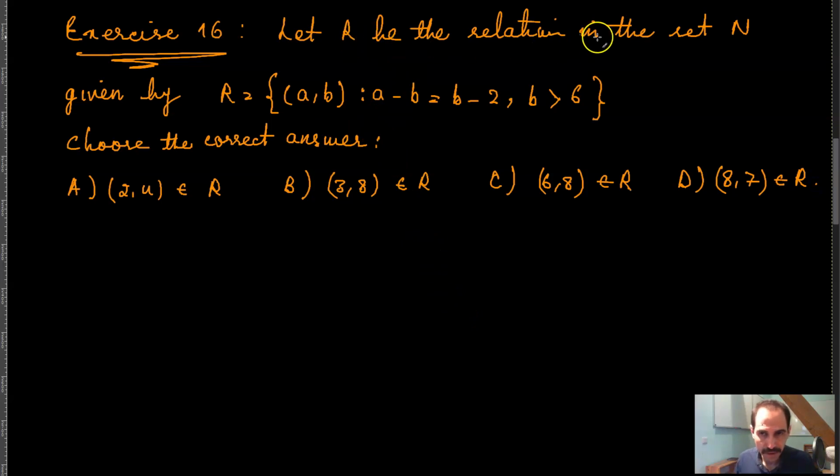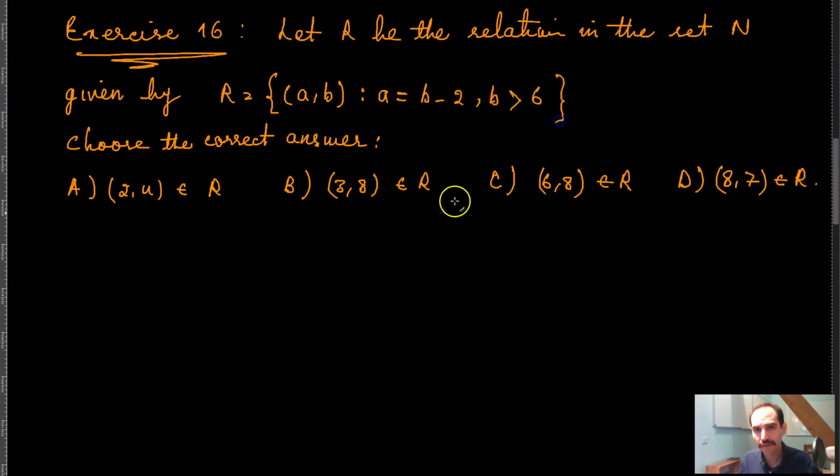So basically we have this relation on the set N of natural numbers, and the relation is this one. R is equal to all the ordered pairs A comma B, such that, I'm sorry, this is not actually correct, such that A is equal to B minus 2, and B is greater than 6, right?